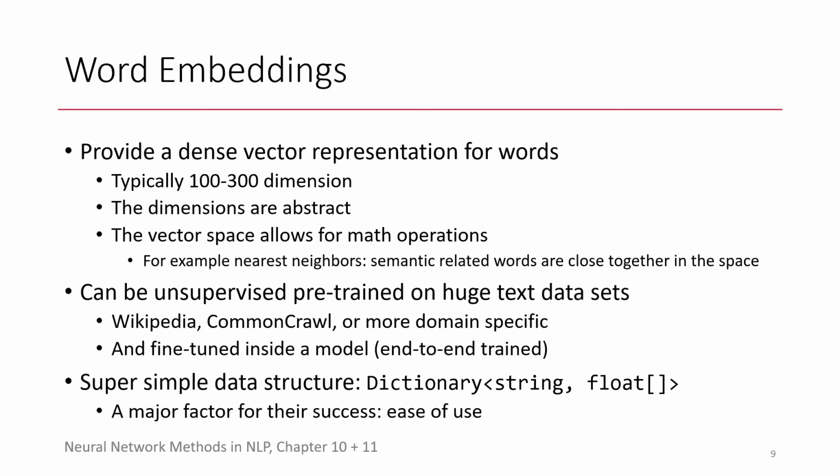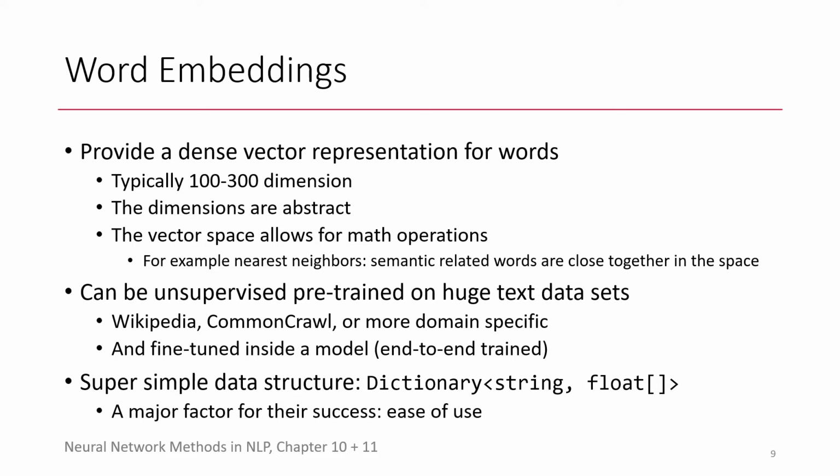So let's get to the core of what we want to talk about today: word embeddings. Word embeddings provide typically, not always, but typically, a dense vector representation of words, and common dimensions are 100 to 300, and those dimensions are abstract. So we can't say that dimension number 25 contains a certain type of meaning.